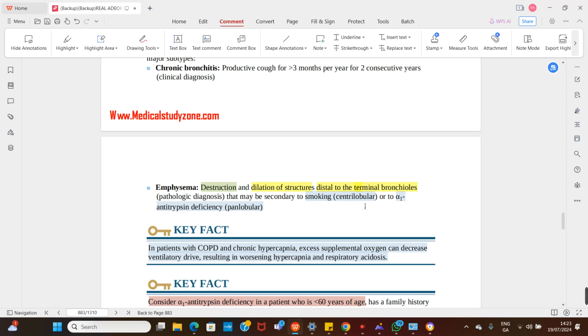So if somebody has alpha 1 antitrypsin deficiency, there is nothing to inhibit the activity of the neutrophil elastase. It is just playing unopposed, destroying all the elastic fibers within the respiratory bronchus and the alveoli. At the end of the day, it's going to cause eventual destruction of these structures. So don't forget about that.